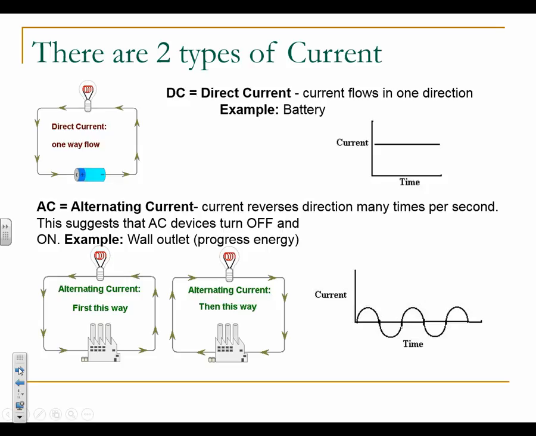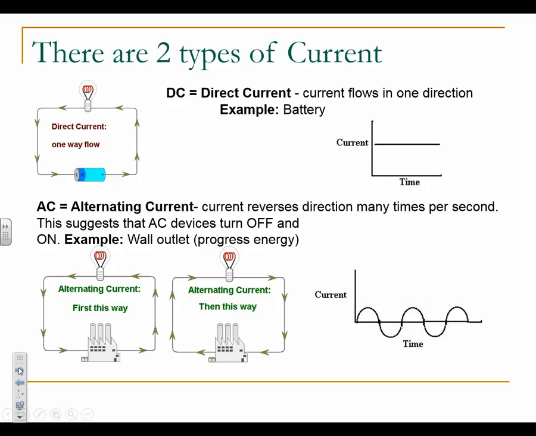There are two types of current. There's a direct current, which means that it just flows in one direction, and that's typically what we talk about with a battery, that it goes out of the positive and into the negative. So there's a direct current flow as it goes in. But then there's also an alternating current, okay? And the alternating current reverses directions many times per second.